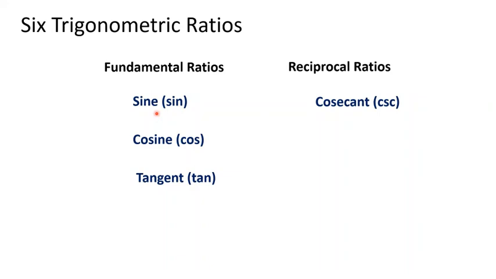Don't forget that, because they cannot be mixed up later. Once you memorize them, it will be easier to look for the value of trigonometric ratios. Again, the reciprocal of sine is cosecant, the reciprocal of cosine is secant, and the reciprocal of tangent is cotangent. These are the six trigonometric ratios. All throughout the fourth quarter, you will always hear or encounter these.